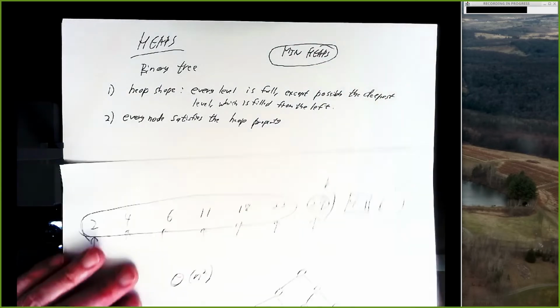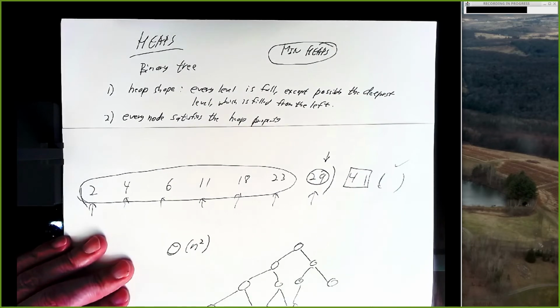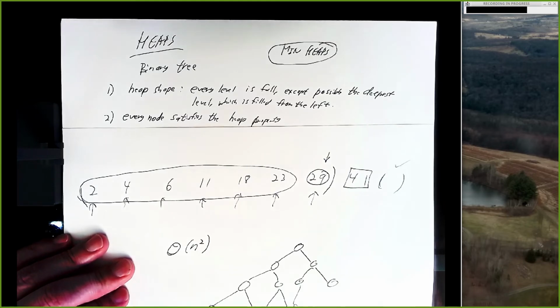So to satisfy the heap shape property, every level has to be completely filled except possibly the deepest level, which has to be filled in from the left.